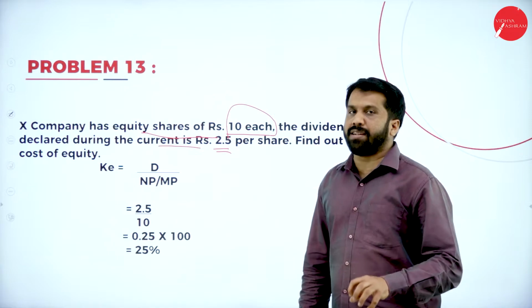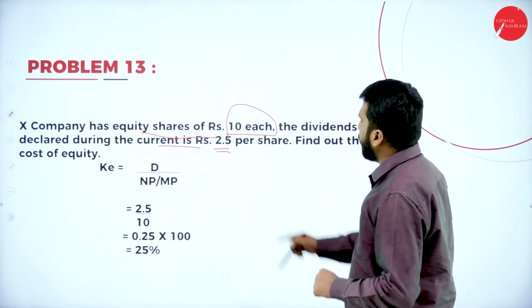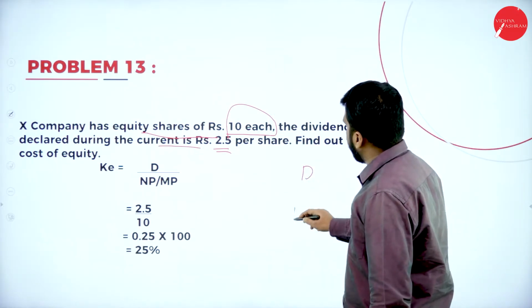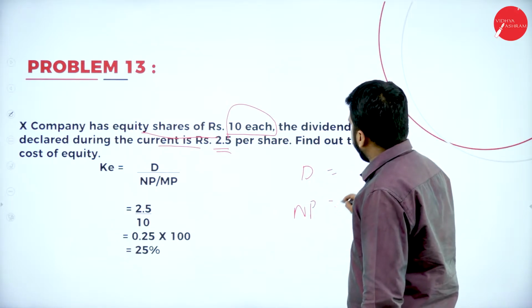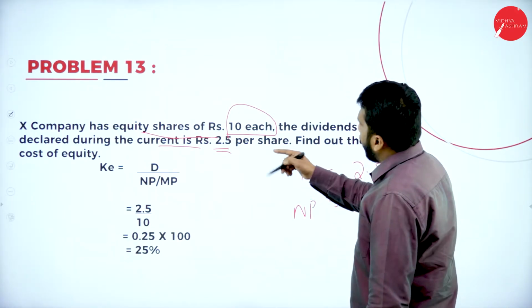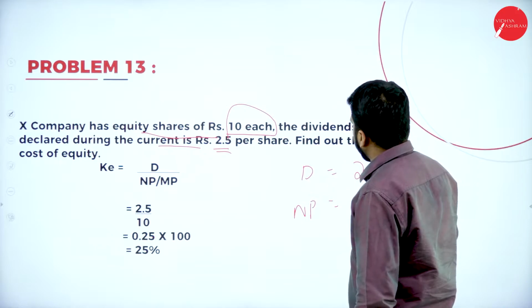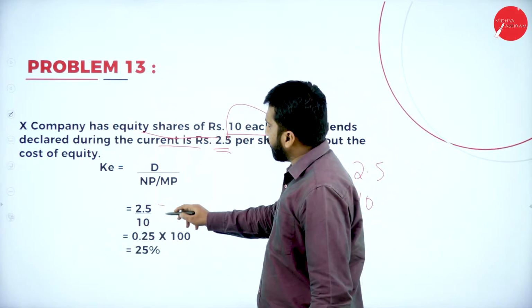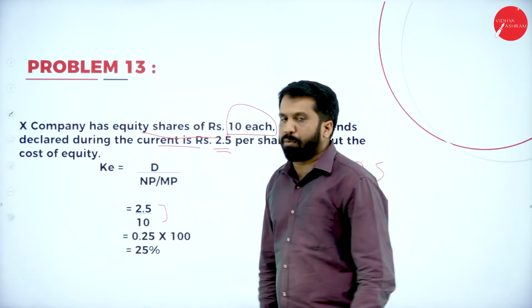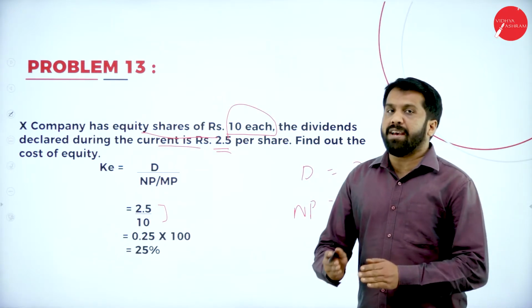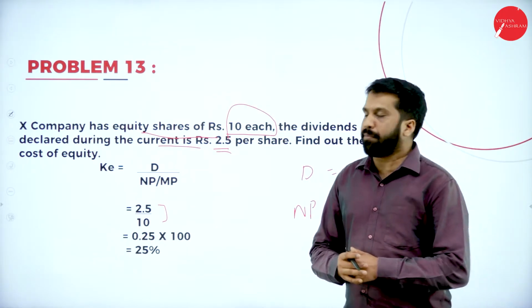Before you start your problem, what are you supposed to do? You have to write down the important values. Like we want D, we want NP. Dividend is 2.5 and NP is how much? 10. So 2.5 divided by 10, you got 0.25. I want the answer in percentage. What can be done?